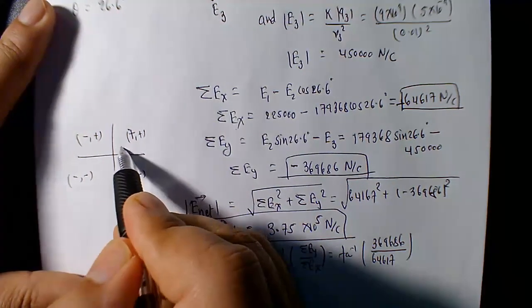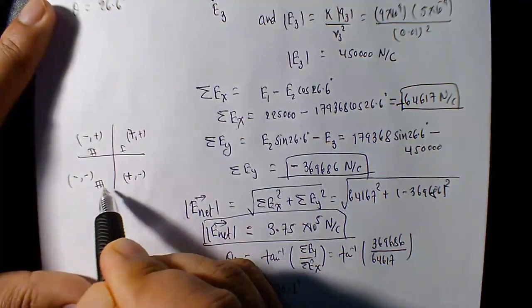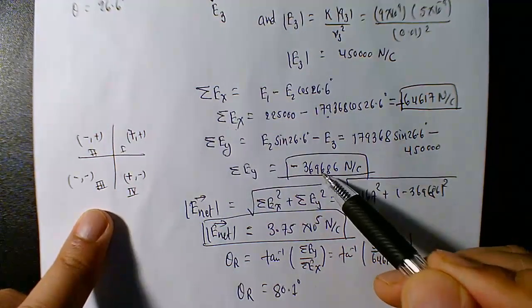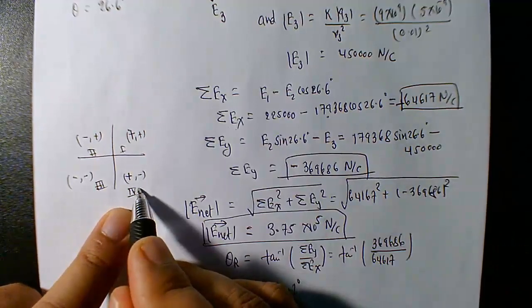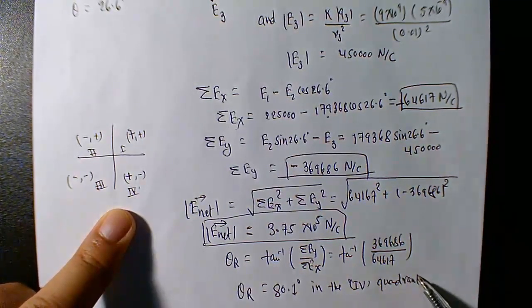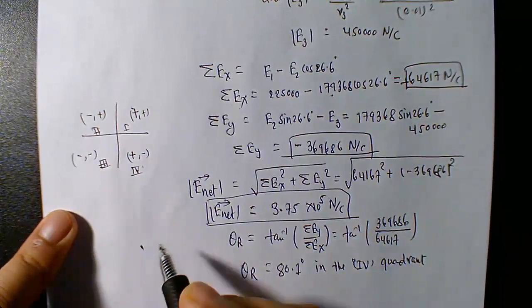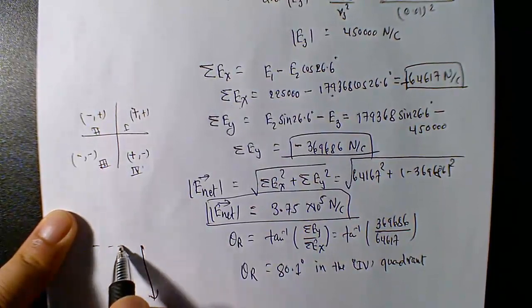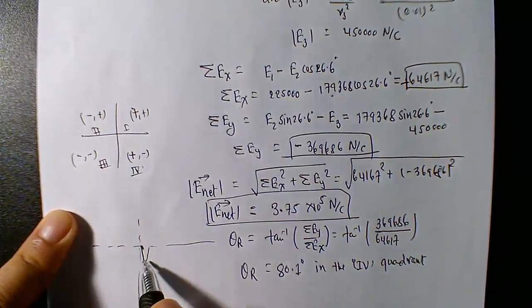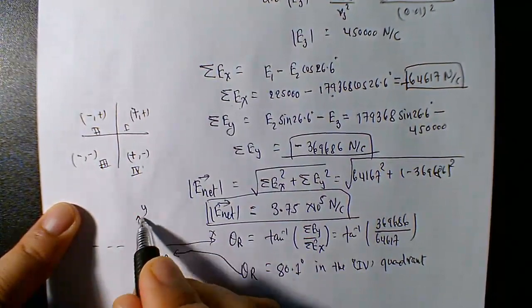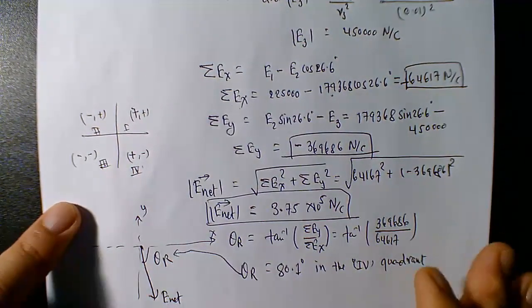So x component is positive and y component is negative, which means it lies in the fourth quadrant. So the net electric field makes almost 90 degrees, so 80 degrees. If you want to draw, this is the theta r we have just found, this is the x-axis, y-axis, and this is the net electric field, which you're going to use in the next part.